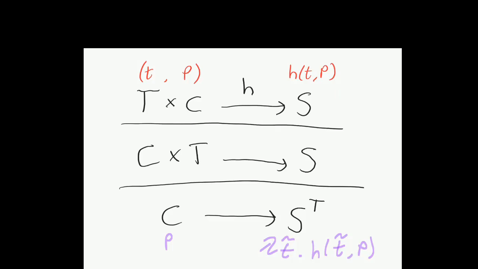And so basically what this function is doing for us is sending every particle of our cloud to a function which is describing the path that that particle is going to take through space.